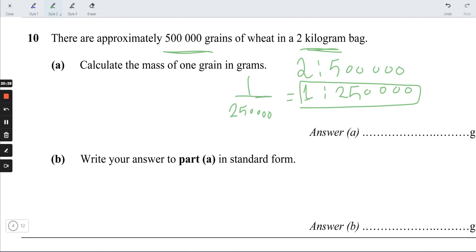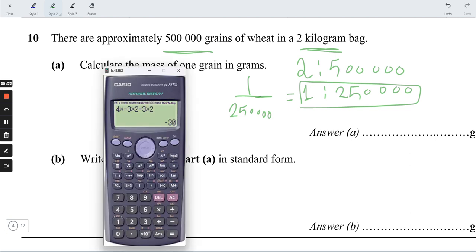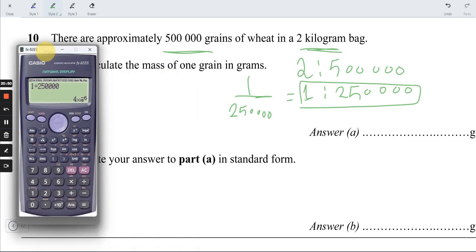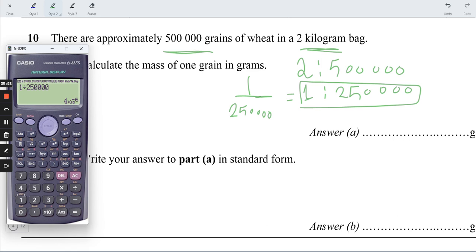Okay, now using a calculator, 1 divided by 250,000, equals, change it to a fraction. You see it's in standard form, scientific notation. So 4 times 10 to the power of minus 6, and this is our answer in this case.